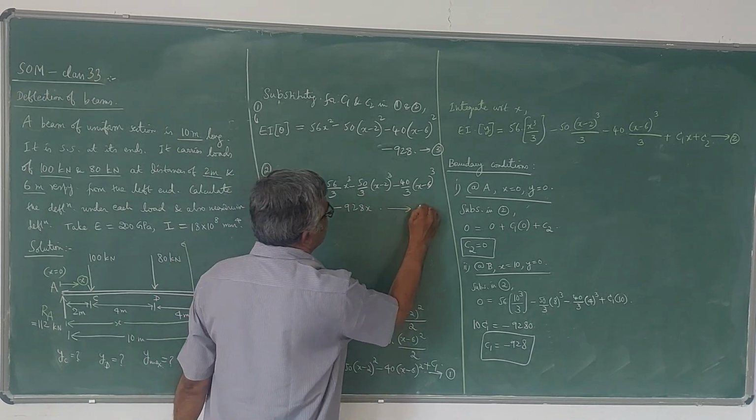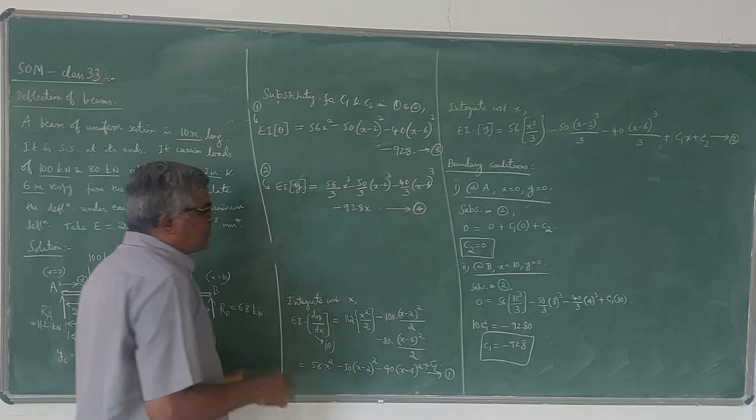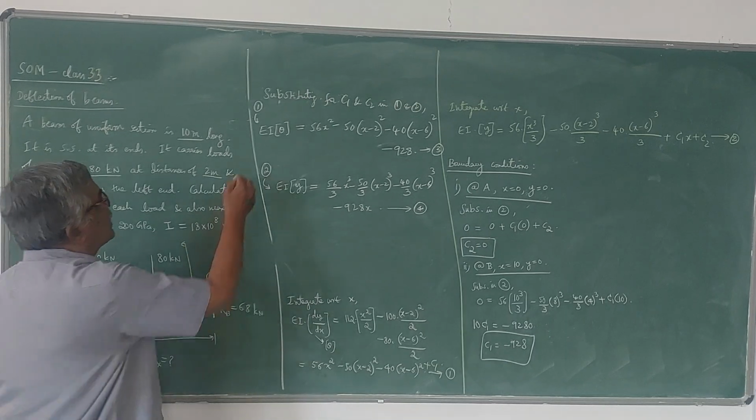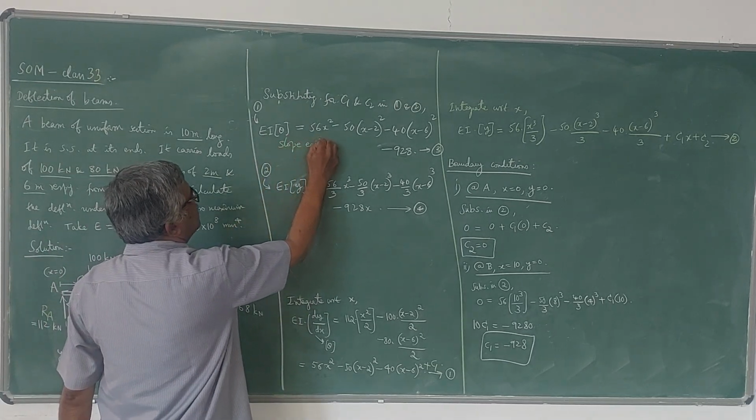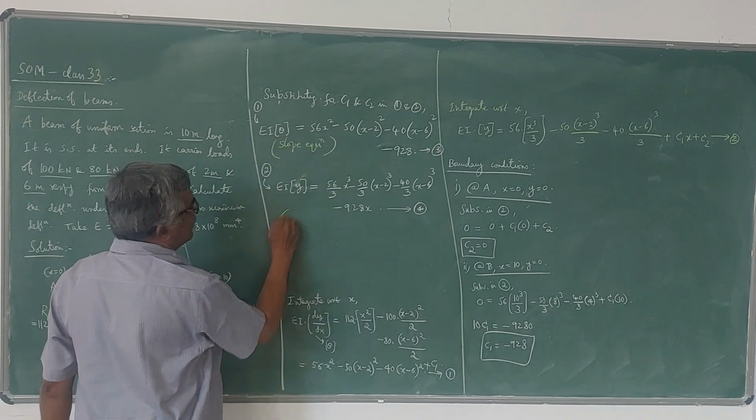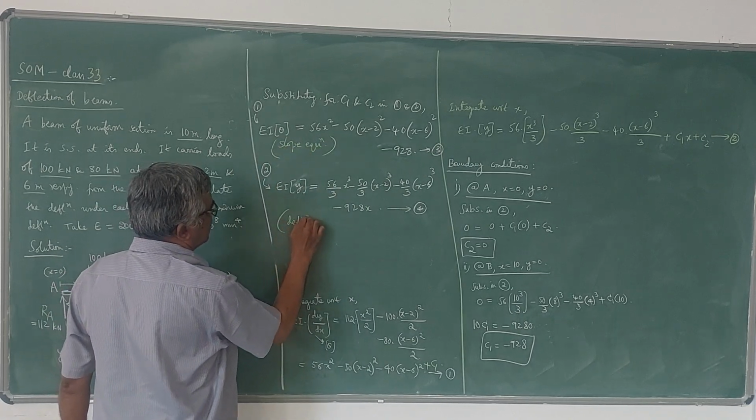C2 is 0. So this is equation 4. Now these two are the general equations. Equation 3 is general slope equation. Equation 4 is general deflection equation.